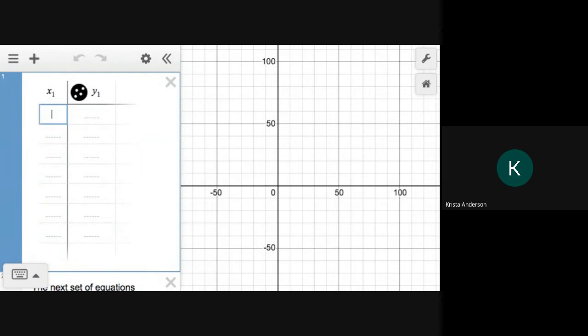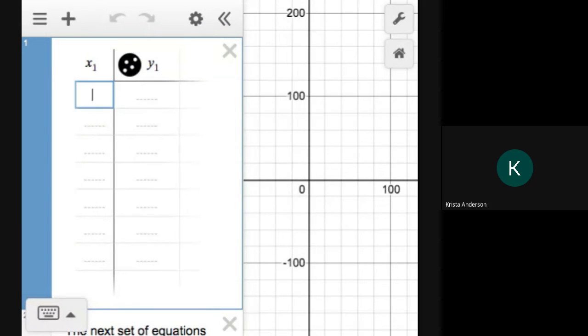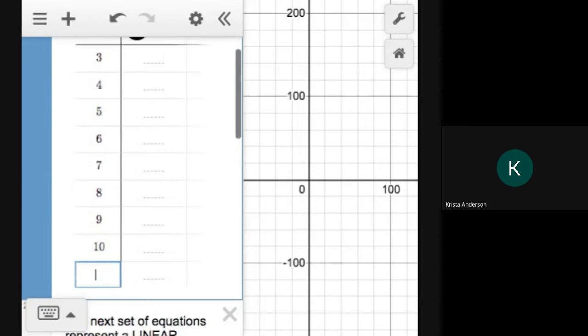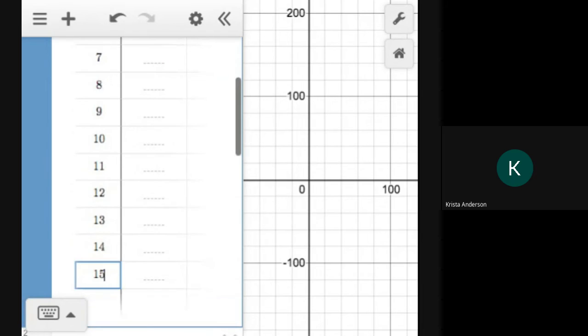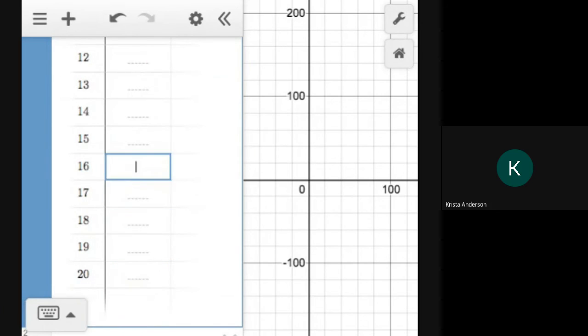Okay. When I type this in, I'm going to type all of the values from this table. I'm going to steal my table so I can type it faster. 3, 4, 5, 6, 7, 8, 9, 10. Okay.